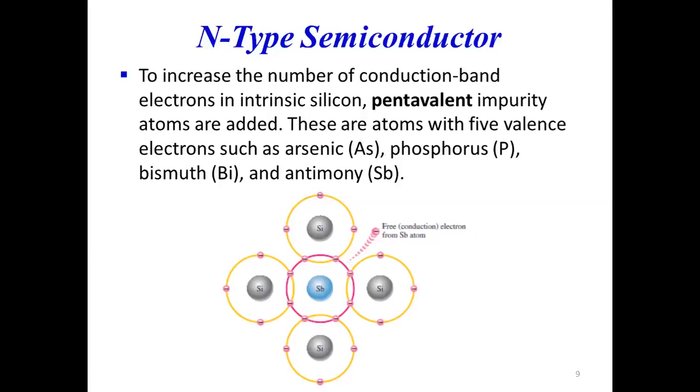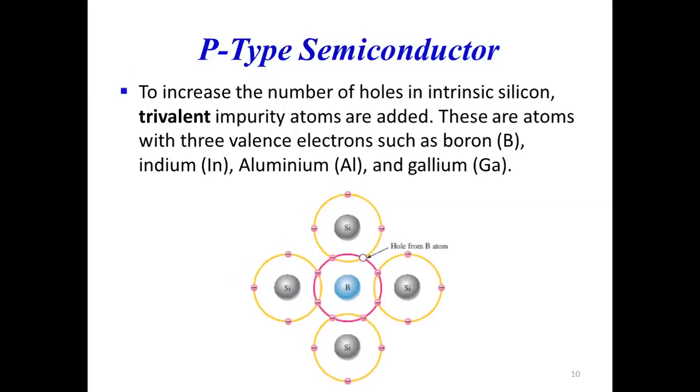Now, for P-type semiconductor, the same thing. Here, a trivalent impurity like boron, indium, aluminium, or gallium is doped into the intrinsic semiconductor. So here I have shown 4 silicon atoms and only 1 atom of boron. Trivalent means there will be only 3 valence electrons in the outermost orbit.